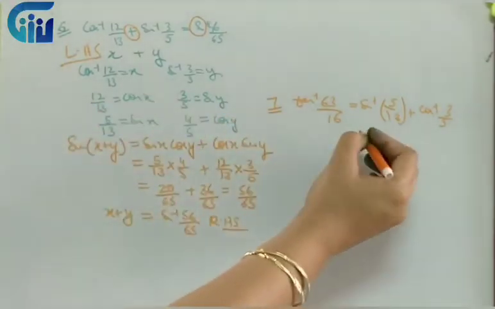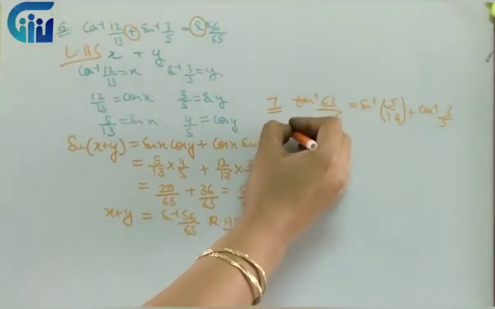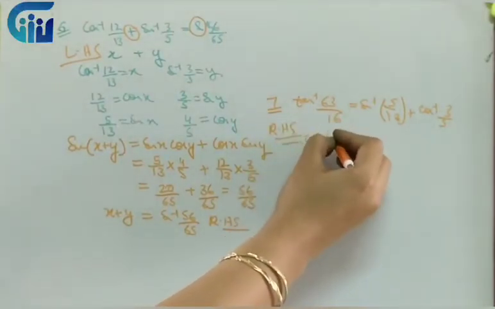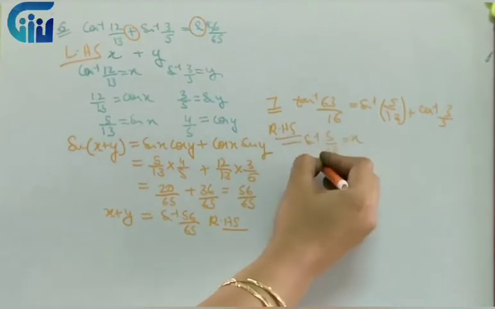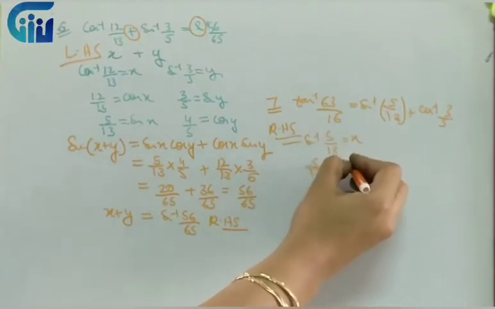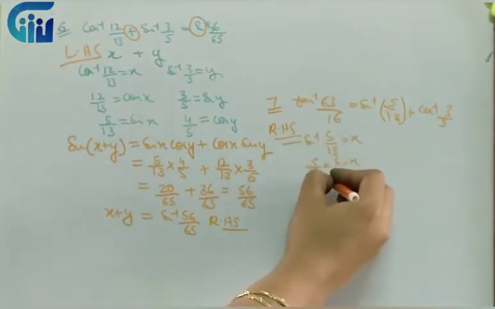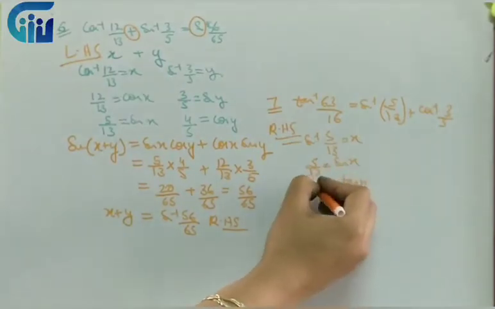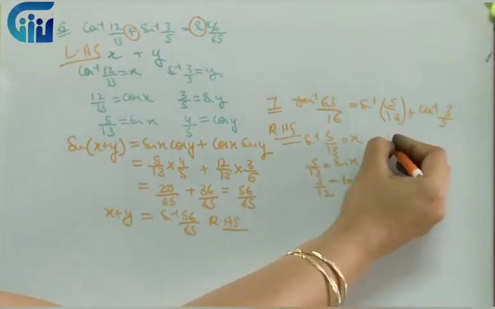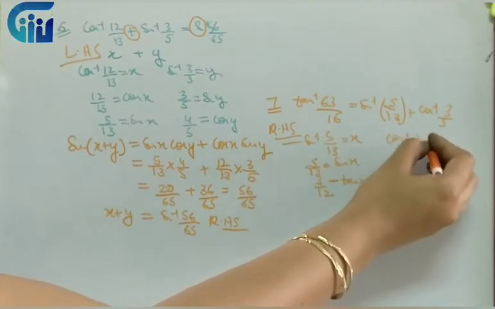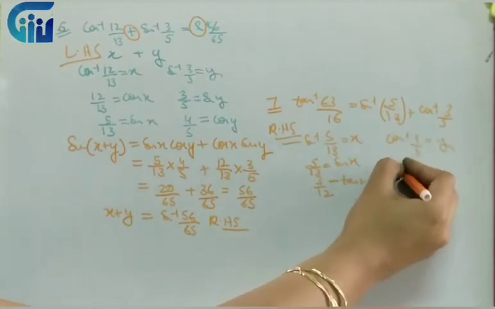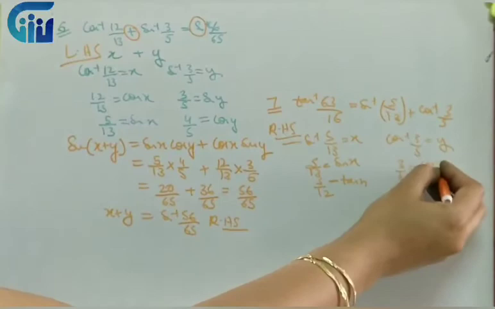So if I change these two terms to tan, so this is my right hand side, I'll write it here. Sine inverse 5 by 13 is x. So 5 by 13 is equal to sine x. So tan x will be 5 by 12 by Pythagorean triplet. Similarly, cos inverse 3 by 5 is y. So 3 by 5 is cos y.